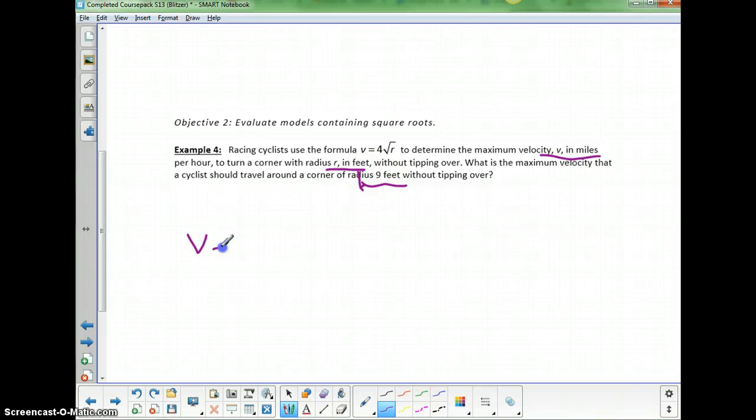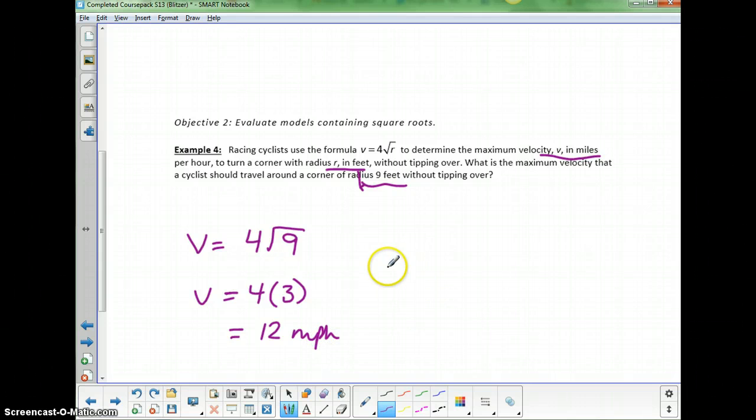So v equals 4 times the square root of 9. That's 4 times 3, equals 12 miles per hour. So 12 miles per hour is the maximum speed that they should go around a corner of radius 9 feet without tipping over.